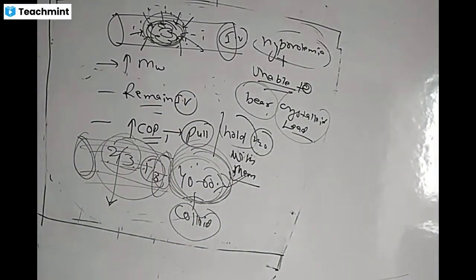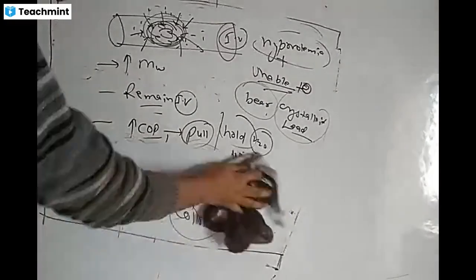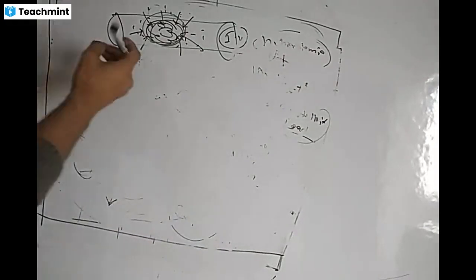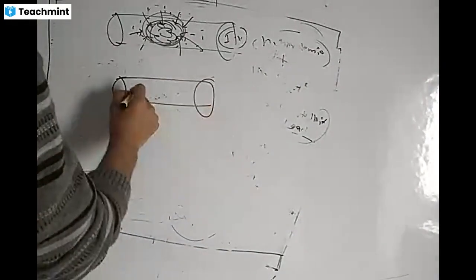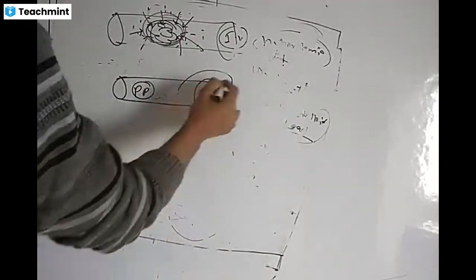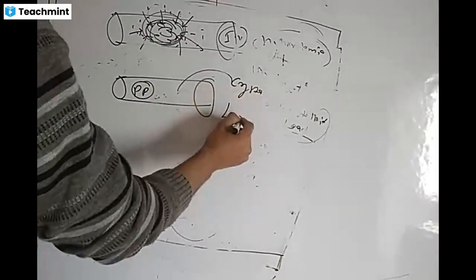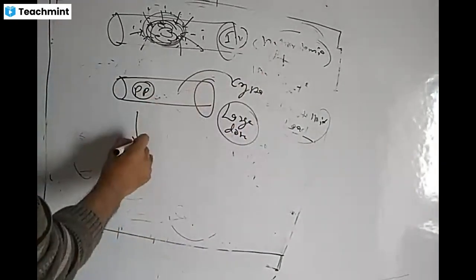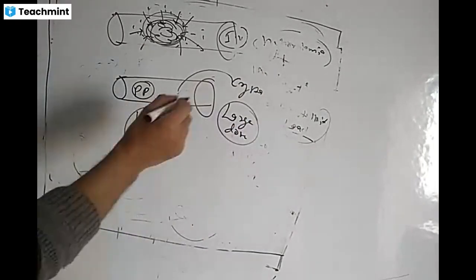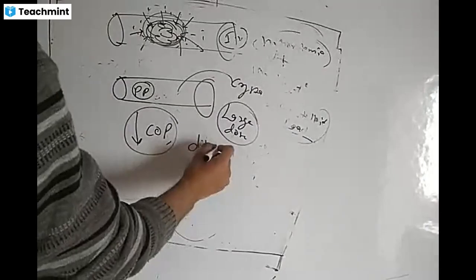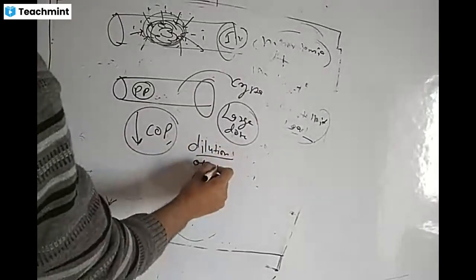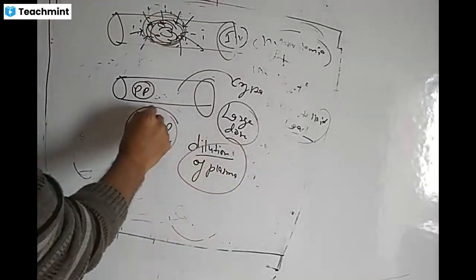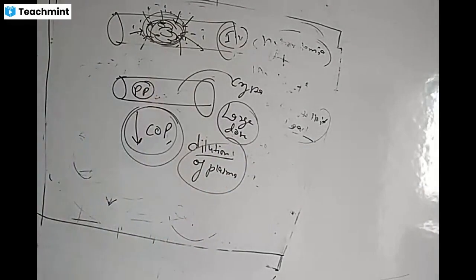The second disadvantage of crystalloid therapy is, if you are giving a crystalloid in large dose, plasma gets diluted, and that may cause a decrease in colloid osmotic pressure.